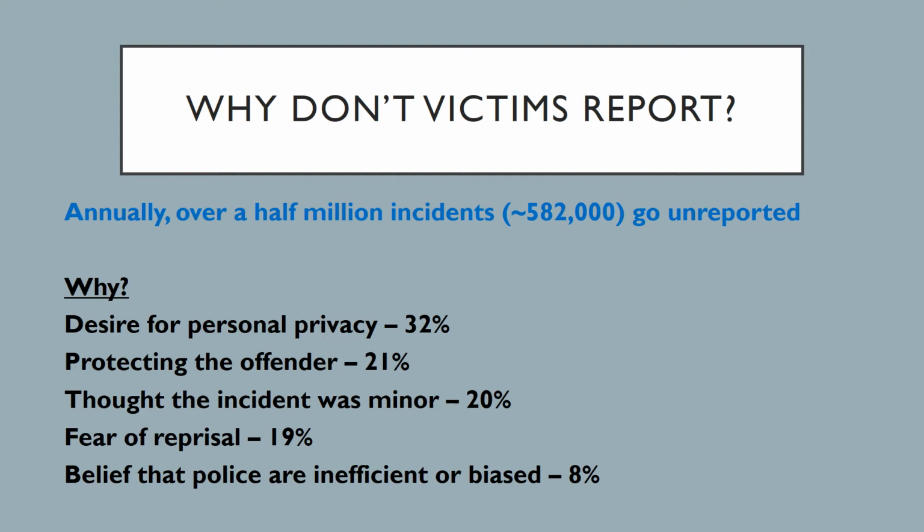The second reason why people often don't report is that they're protecting the offender. Right? We think of domestic violence as this horrible thing, intimate partner violence as a negative thing. But in the course of an intimate relationship, or when you're working with close family members, even though that offender may be harming somebody, there's still love, there's still care.